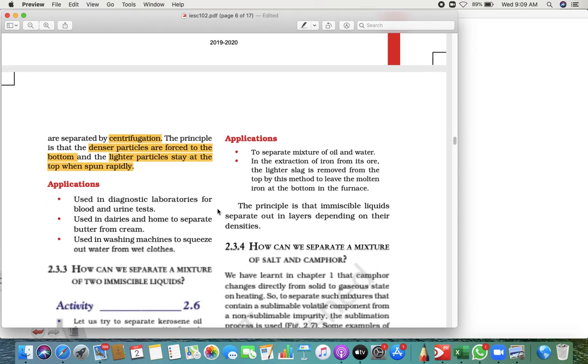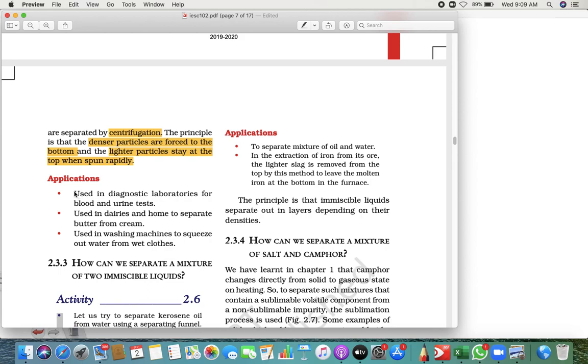Okay, so it has useful applications. It is useful in diagnostic laboratories for blood and urine tests, in dairy industries, and also in our washing machine. Yes, after washing our clothes, the machine rotates for 10 minutes or 8 minutes or 12 minutes very fast.